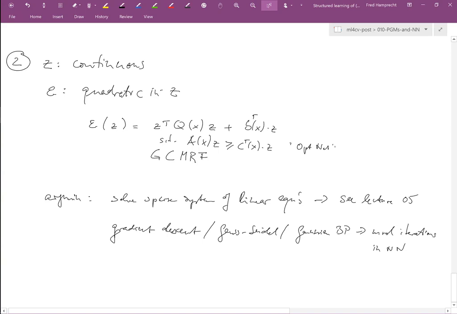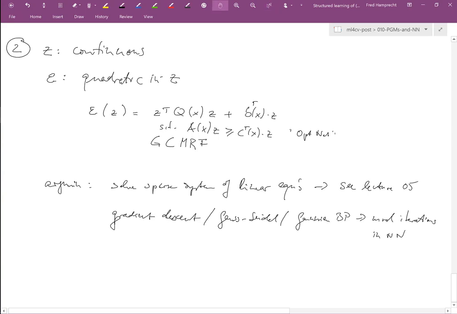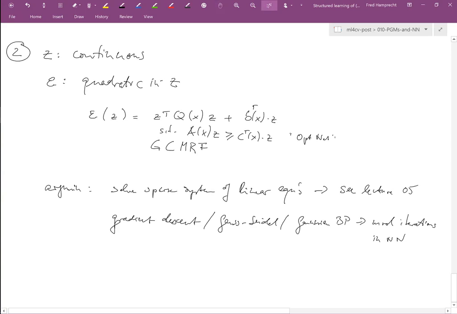And in fact, Lorenzo Cerrone, master student in our lab, is currently showing how to do that efficiently. So how to train a combination of neural network plus a Gaussian conditional random field, in his case a random walker, on top, and how to train that jointly. Okay, that's all I want to say about the continuous case.